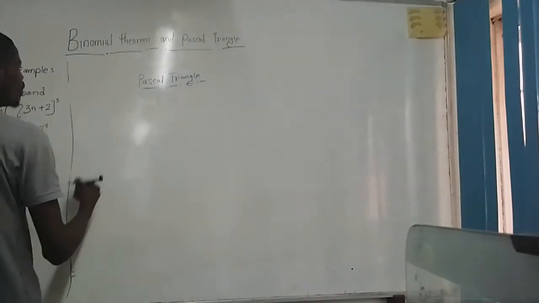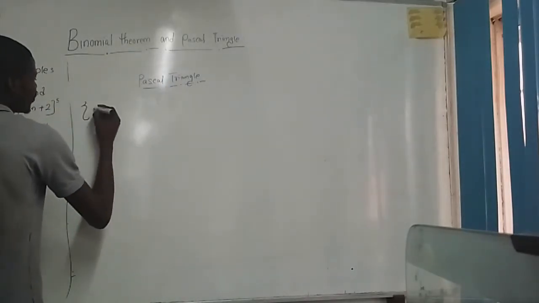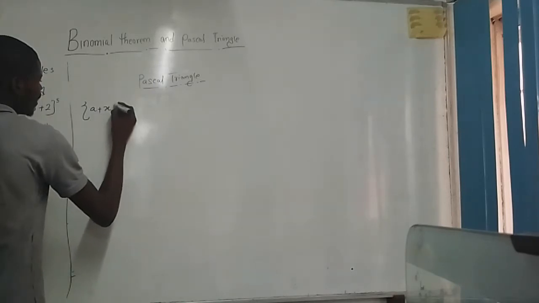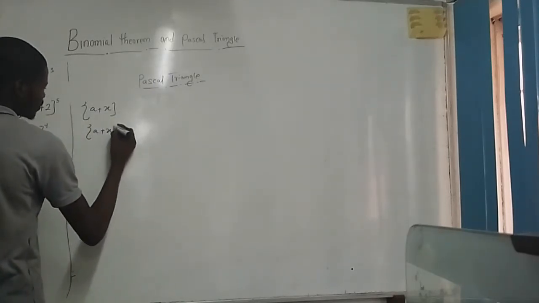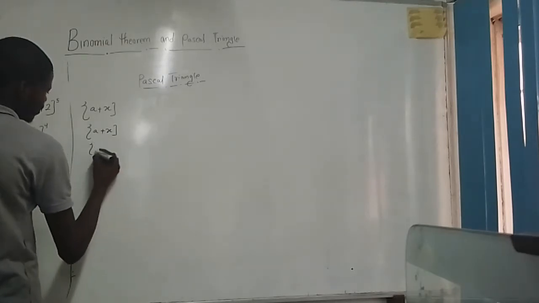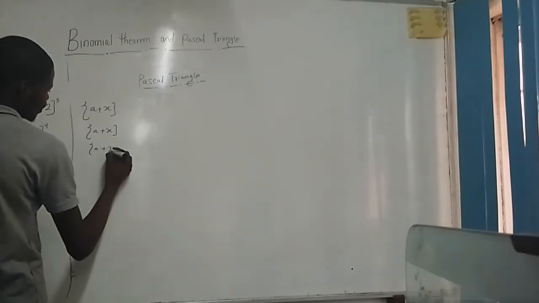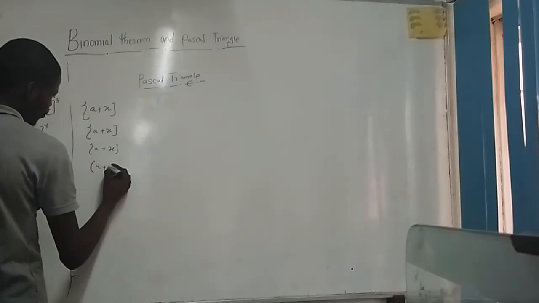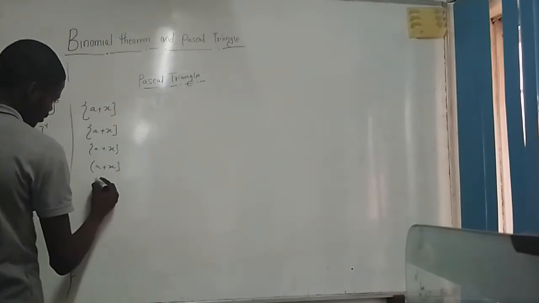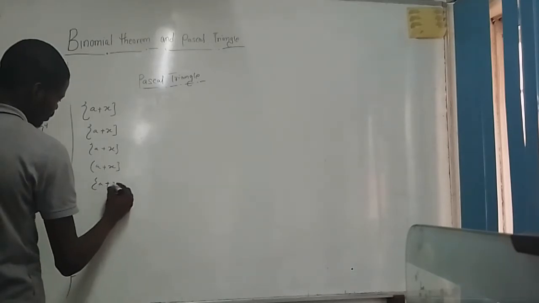So when you have how to derive the formula, when you have a plus x, then a plus x, then a plus x, then a plus x, then a plus x.